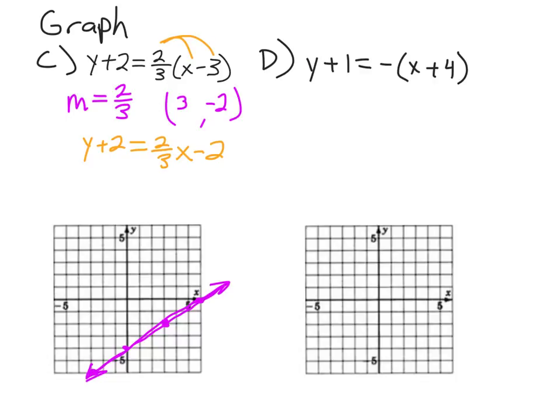And now I subtract 2 from both sides to get y by itself, and I get y equals 2/3 x minus 4. And notice where my y-intercept is on this graph. It's at -4, which is exactly what this equation says.